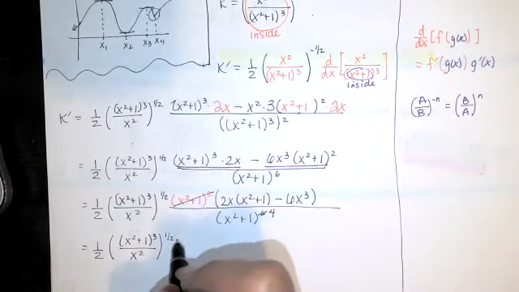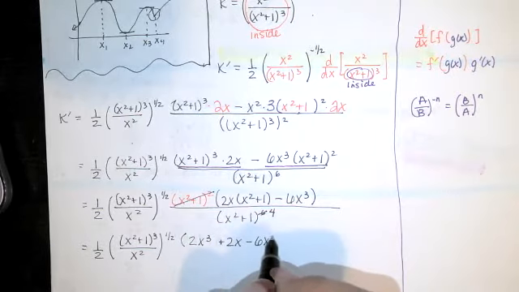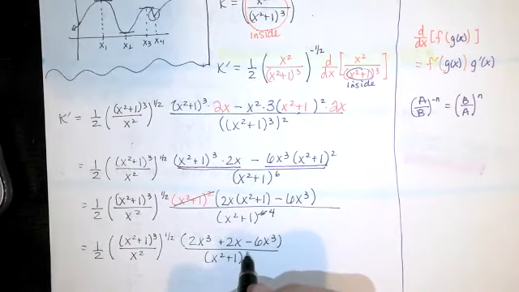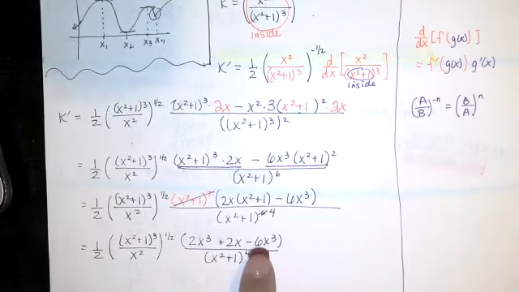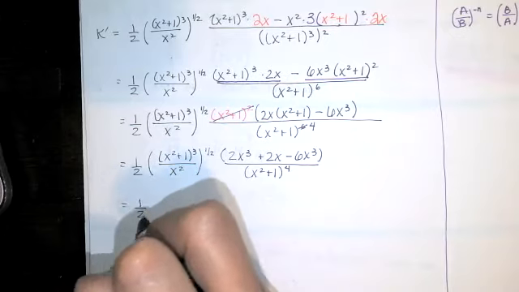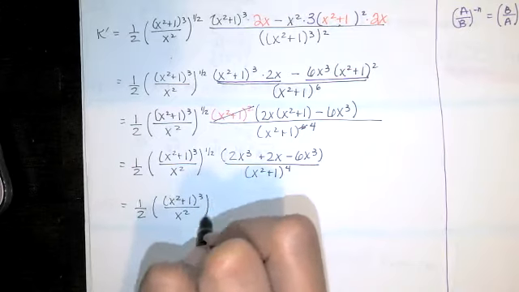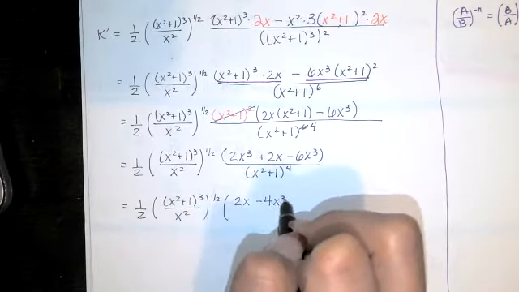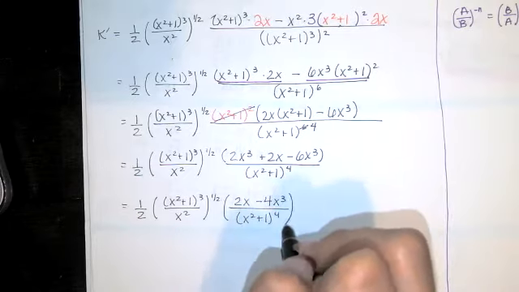In the numerator, if you distribute that 2x, you'll have 2x cubed plus 2x minus 6x cubed all over (x squared plus 1) quantity squared, or quantity to the 4th, sorry. And this 2x cubed minus 6x cubed is negative 4x cubed. So we have 2x minus 4x cubed all over (x squared plus 1) raised to the 4th.